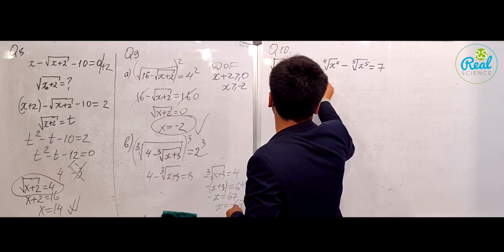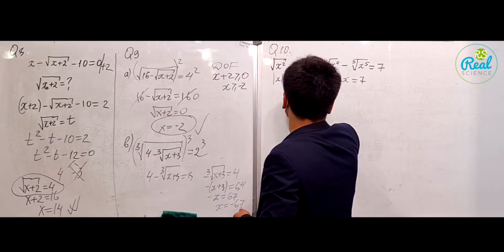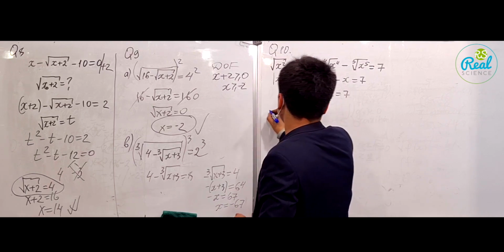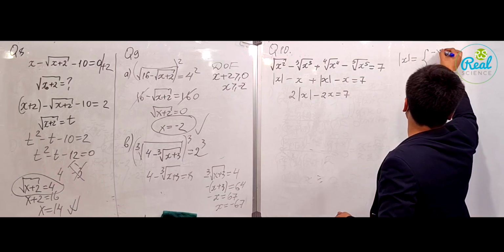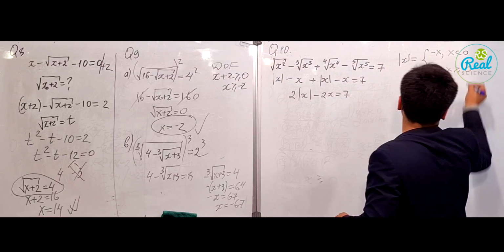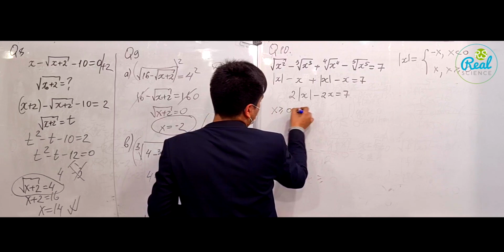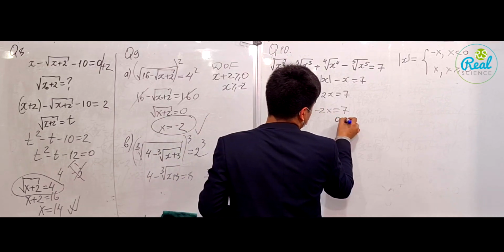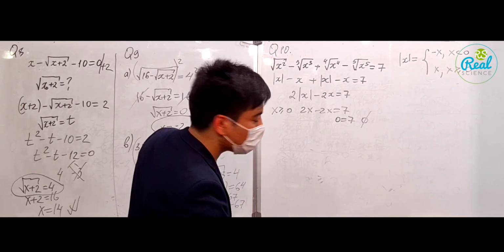But for odd, there is no such rule, yeah? 2 absolute value x minus 2x. And absolute value means minus x when x less than 0, and x when x greater than 0. First one, x greater than 0. 2x minus 2x is 7. 0 equals 7. There is no solution. Yeah.